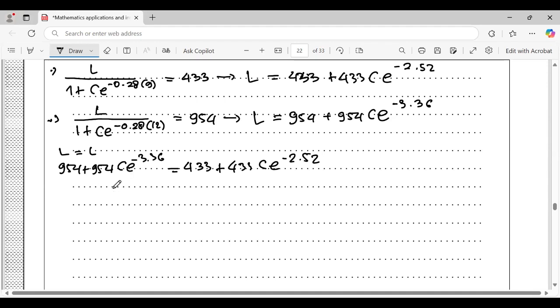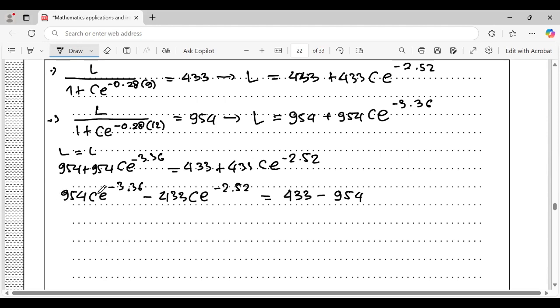And the next step, 954 C e to the power minus 3.36 minus 433 C e to the power minus 2.52 equals 433 minus 954.